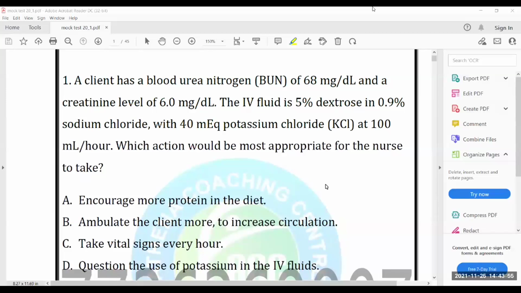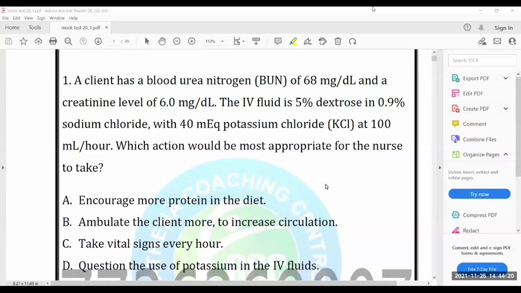Question number 1. A client has a blood urea nitrogen of 68 and creatinine of 6. The IV fluid is 5% dextrose in 0.9 sodium chloride with 40 milliequivalent potassium chloride at 100 ml per hour. Which action would be most appropriate for the nurse to take?